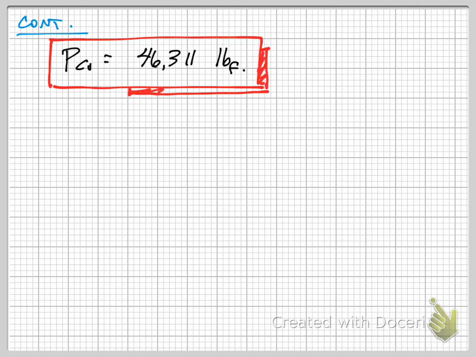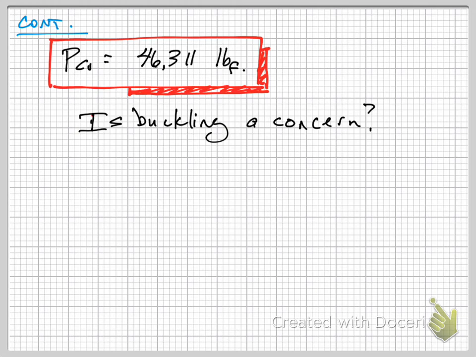However, was that really what I was asked to solve? The answer is no. I was asked to solve or ask the question, is buckling a concern? Well, I have to compare it as an inequality.